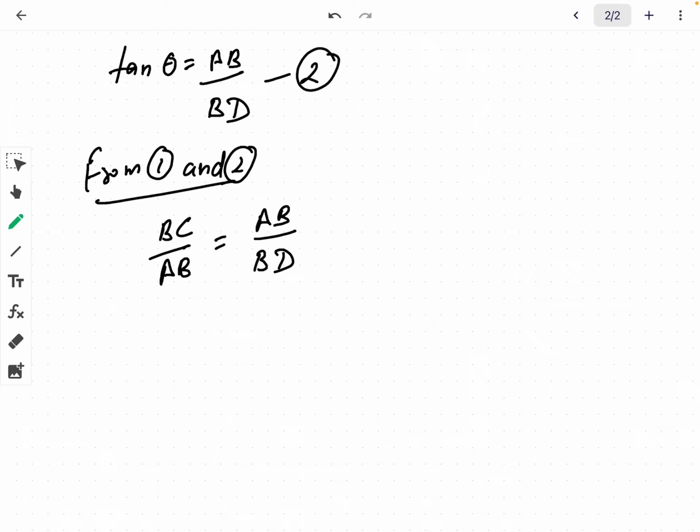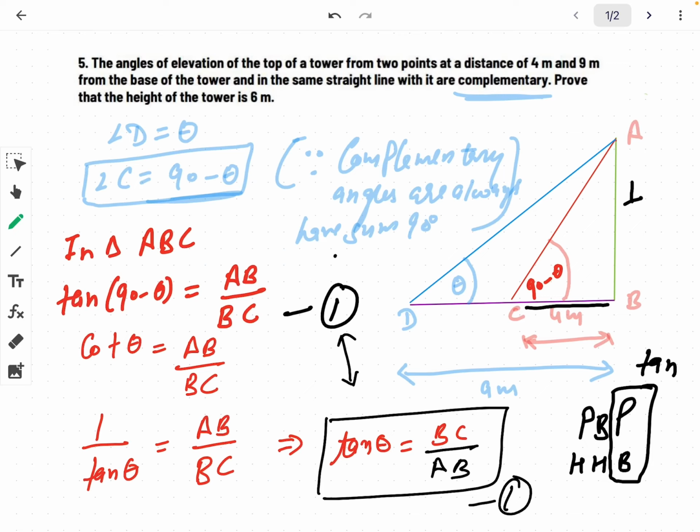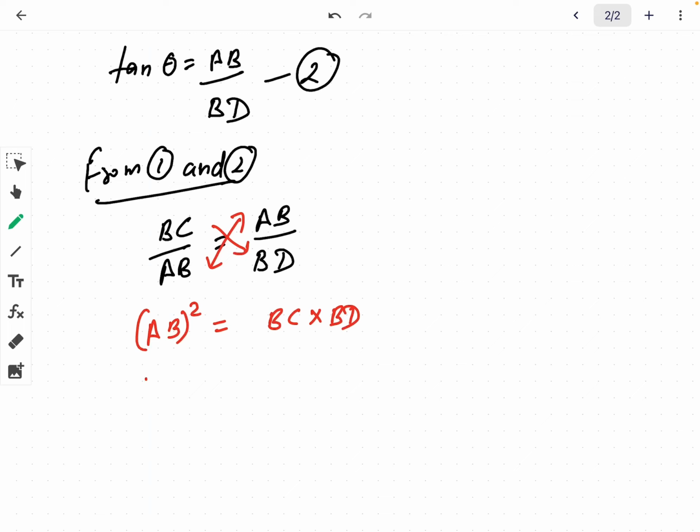Cross multiply: AB square is equal to BC multiplied by BD. So now put values. AB square, BC is 4, BD is 9. So AB square is equal to 4 into 9, AB square is equal to 36.